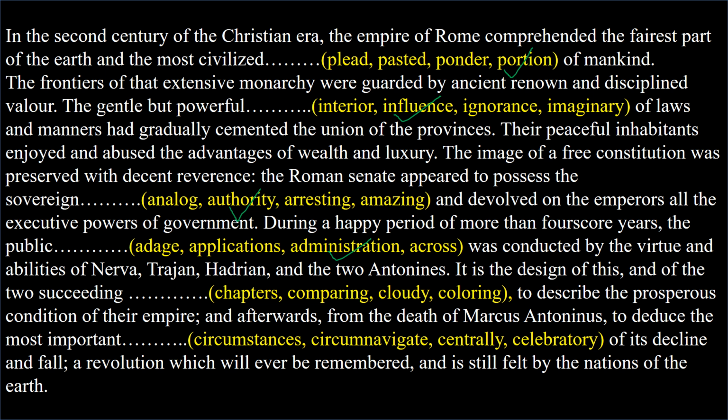So the correct answer will be chapters here, to describe the prosperous condition of their empire, and afterwards from the death of Marcus Antoninus to deduce the most important, and in the bracket you can see circumstances, circumnavigate, centrally, celebratory, of its decline and fall, a revolution which will ever be remembered and is still felt by the nations of the earth.